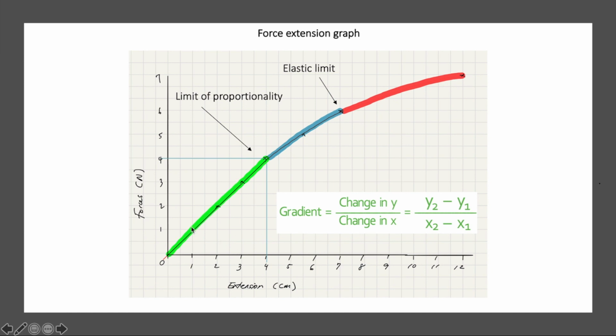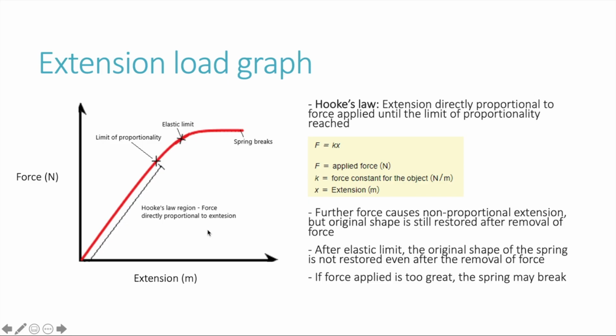So when you calculate the gradient of the straight line part of a force extension graph, what you're actually calculating is the force constant for that particular spring. Okay? And pretty much everything else we've covered before.